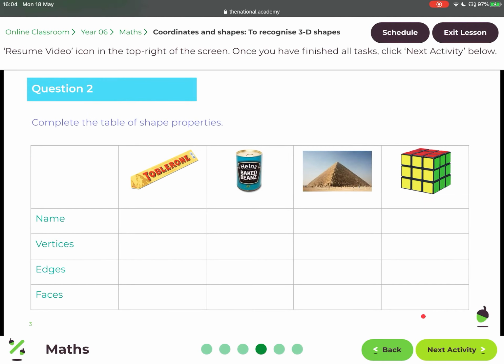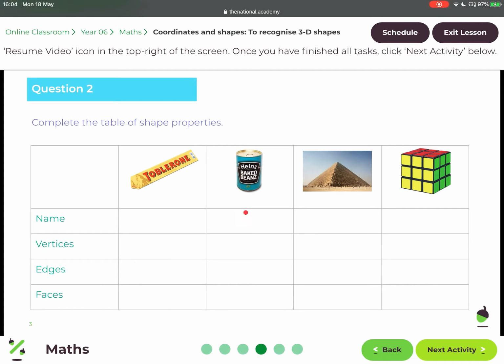Question 2, complete the table of shape properties. This would be a triangular prism, this is a cylinder, this is a square-based pyramid, and this is a cube. The triangular prism has 6 vertices, 9 edges, 5 faces.